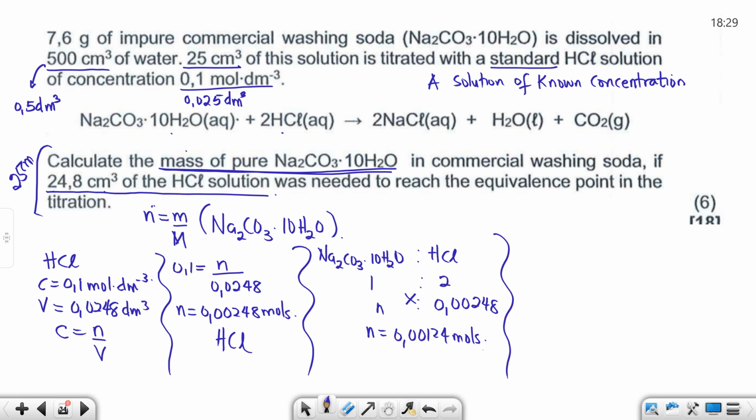So what we did first was we calculated the number of moles there, right? And we said, according to mole ratio, we have 0,00124 moles. Of which compound? But here is just additional information. Still, our step 1, step 2 is there.